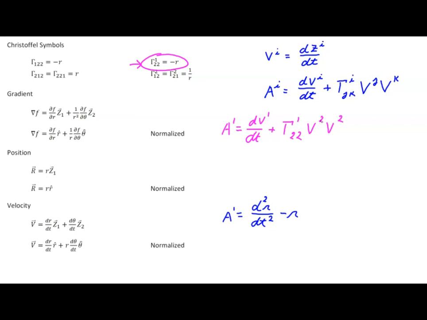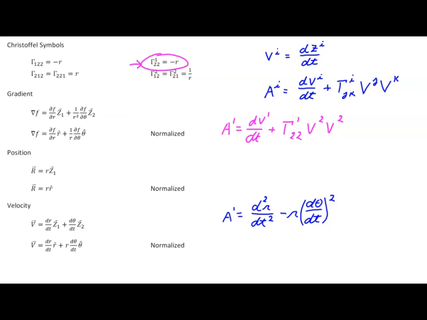Well, V2 is d theta dt. And since we've got V2 twice, we'll just square that expression right here. And that's the proper expression for the A1 vector component of acceleration.